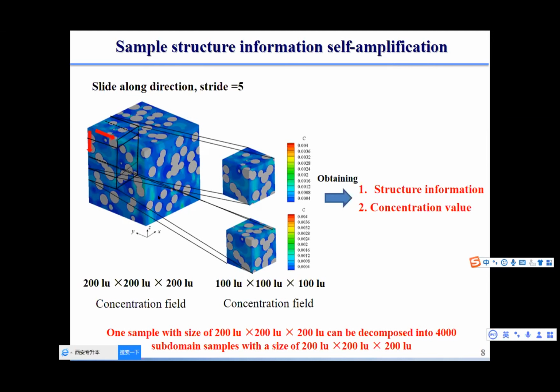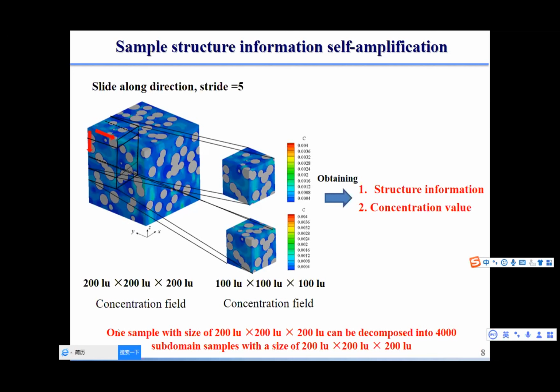So based on this idea, for example, this one is 200 LU cubic. You can cut it into small pieces, and each piece is 100 LU cubic. Together we can get a lot of subdomains, and we can easily extract the mass flux and the structure information to get more samples.